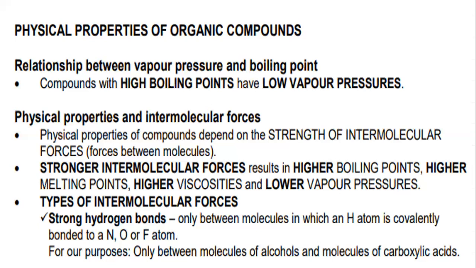So the hydrocarbon part of the chain has the London forces. But the functional group, which is the formyl group on the first carbon, is polar in nature, and hence we have dipole-dipole forces. So that functional group is the one giving us the dipole-dipole forces, but the hydrocarbon part of that molecule is giving us London forces.